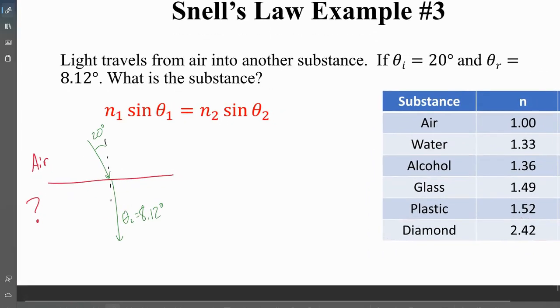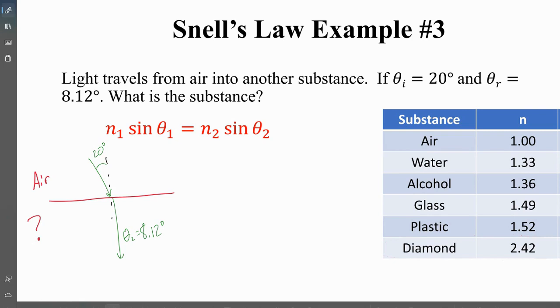Okay, what is the substance? And I give you a list of a bunch of different things here. So we know air is 1, sine of theta 1, which is 20 degrees. And then for theta 2, we don't know n2, but then sine of 8.12 degrees.